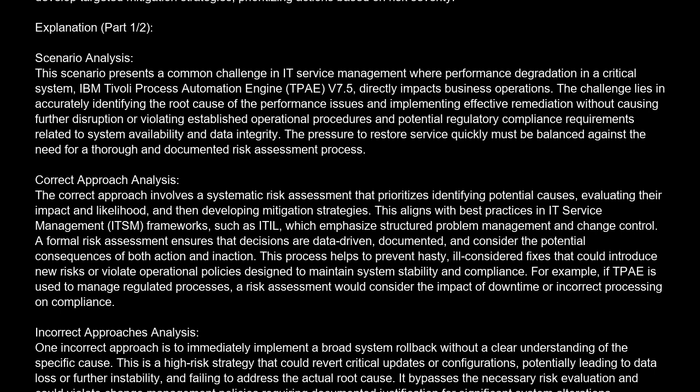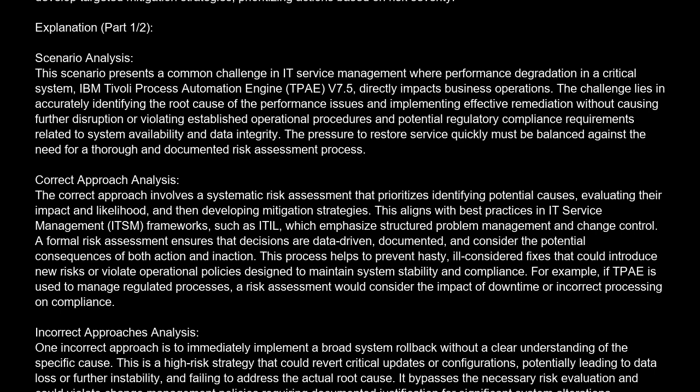This process helps to prevent hasty, ill-considered fixes that could introduce new risks or violate operational policies designed to maintain system stability and compliance. For example, if TPAE is used to manage regulated processes, a risk assessment would consider the impact of downtime or incorrect processing on compliance.